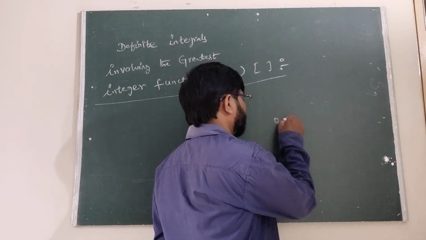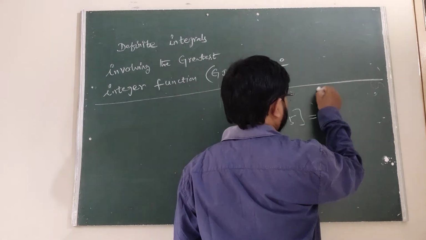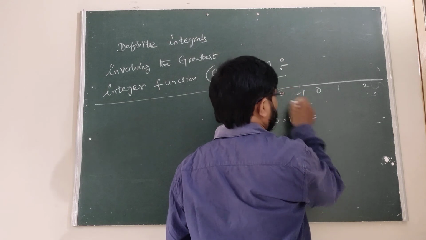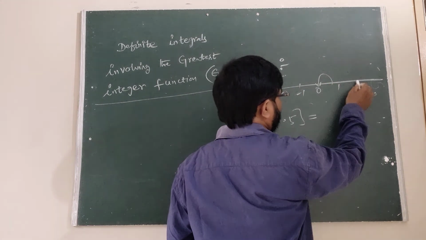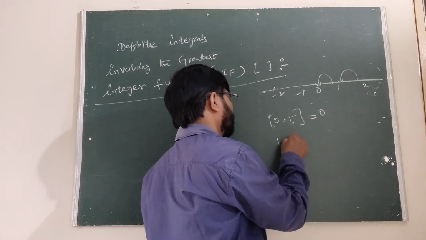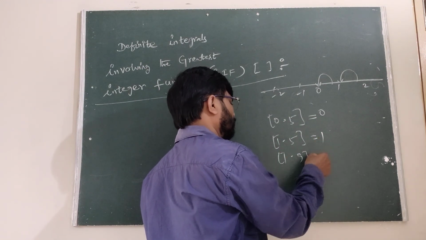All of you listen here. For the greatest integer function, we draw 0, 1, 2, and minus 1 and minus 2. Minus 0.5 gives minus 1, 0.5 is 0, 1.5 is 1, and 1.9 is also 1.